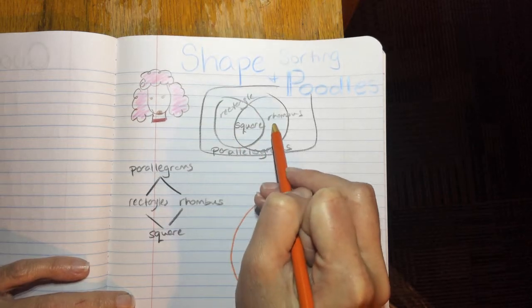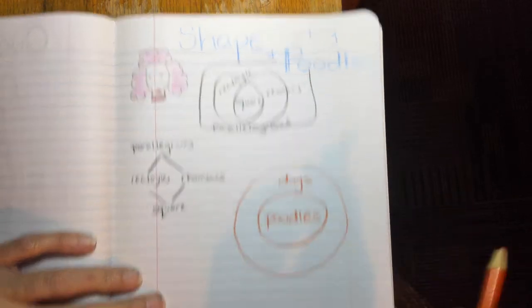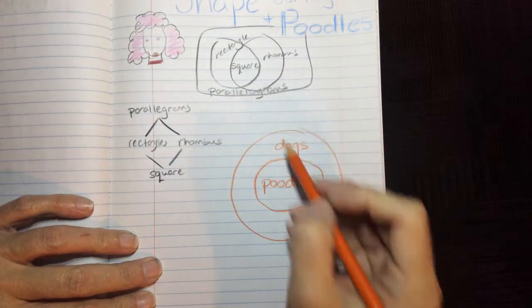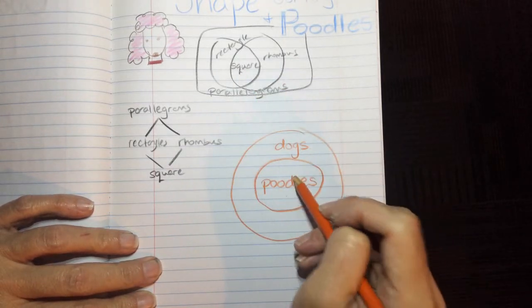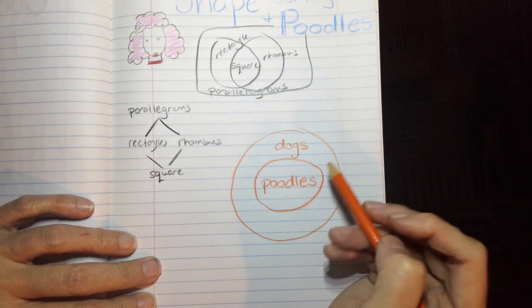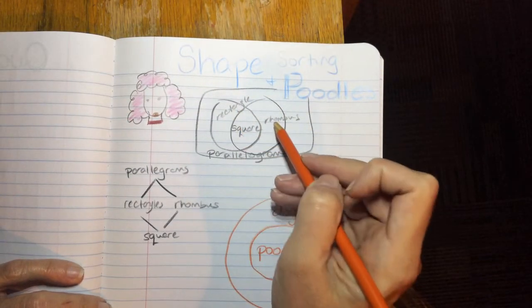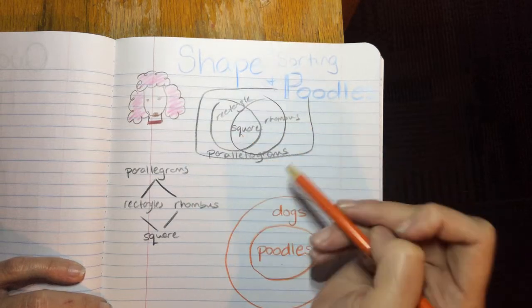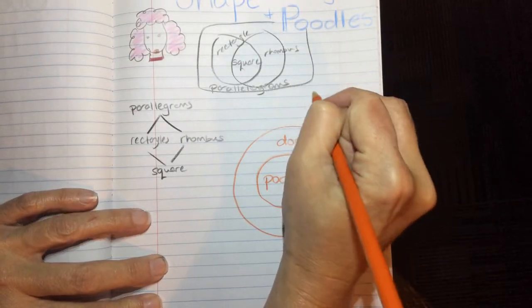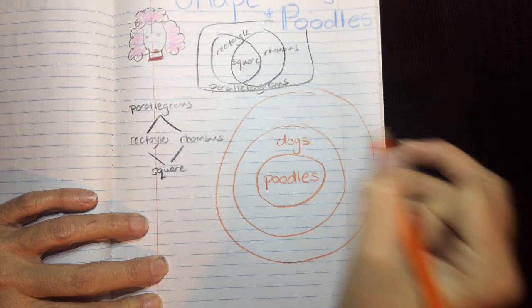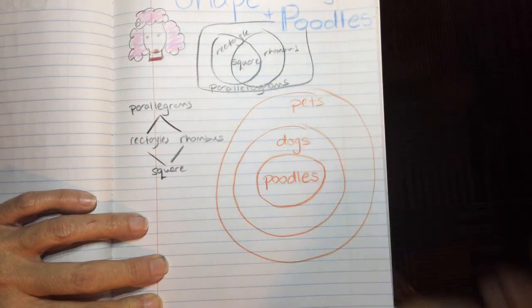Are all squares rhombuses? Yes. Okay. But it doesn't go the other way. Are all dogs poodles? No, there's all kinds of dogs. Okay. Are all rectangles squares? No. Are all rhombuses squares? No.